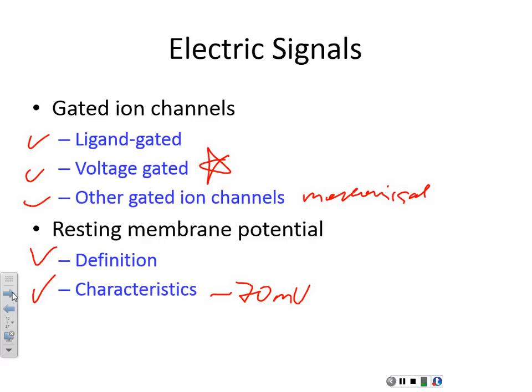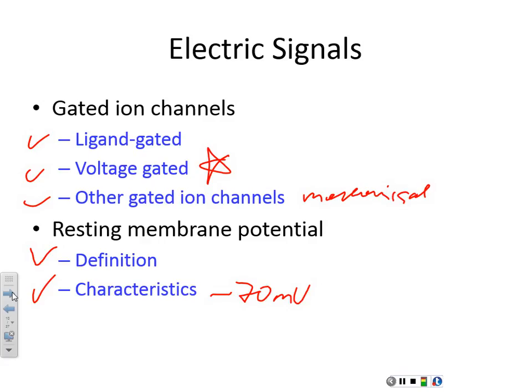If you start from there, you realize that the inside is more negative. That's a characteristic of a resting membrane potential. And the outside is more positive, all right? And then you can also say the outside has more sodium ions, okay? The inside has more potassium ions, okay? And then you can talk about how the negatively charged ions are too big and they don't have channels to exit.